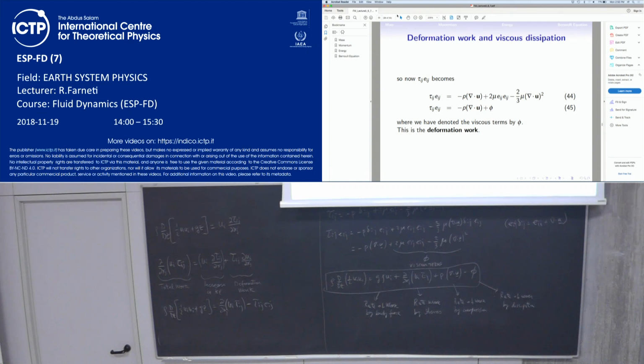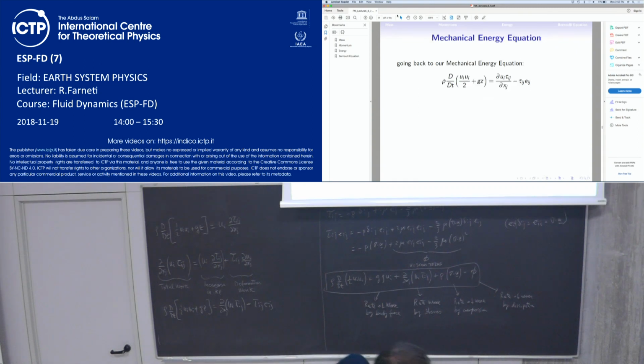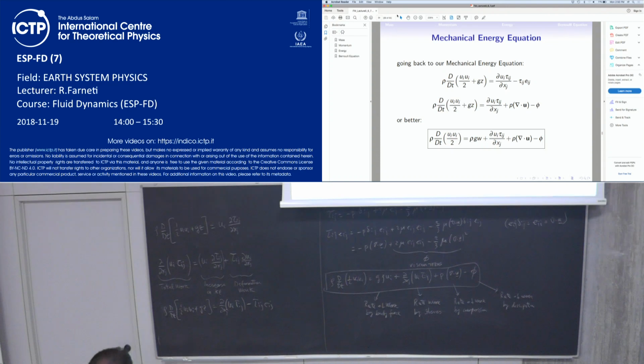Okay, so basically you have the term that increases your kinetic energy of the system, plus another term which is made of two terms. One is that compression expansion term, proportional to the pressure, and the other one is some viscous terms all grouped together. So your mechanical energy equation can be written from this as this, if you take out from the Lagrangian derivative the potential energy.